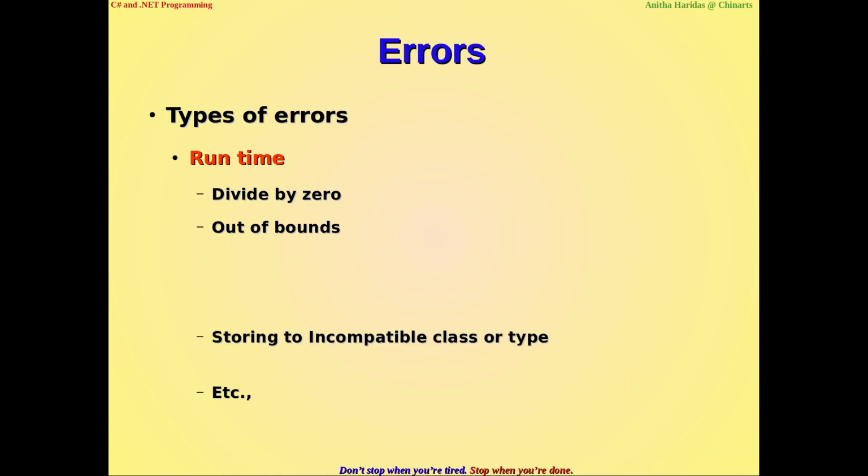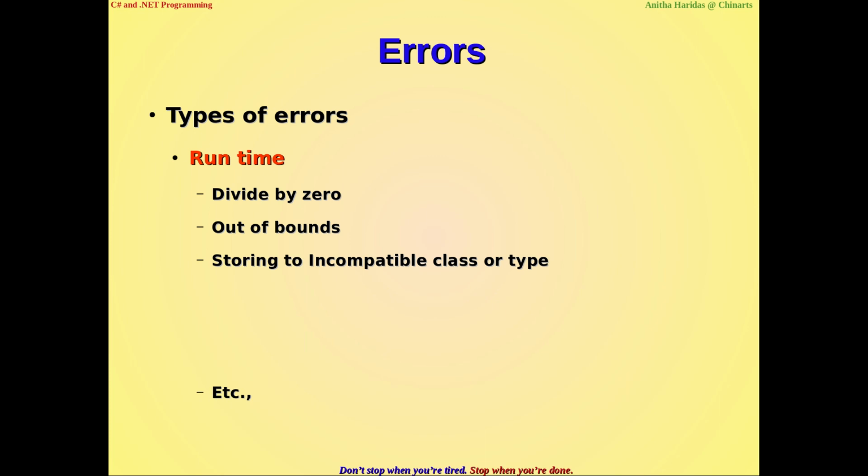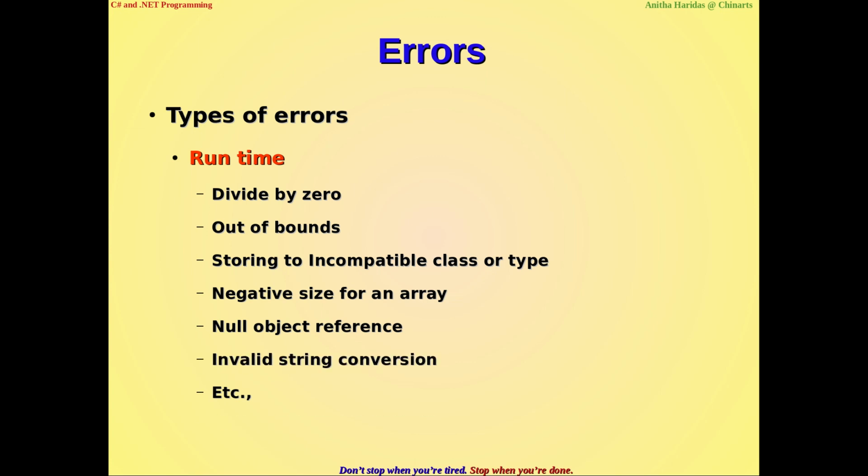Whereas you have another type of errors which you call runtime error. For example, divide by 0, a number you try to divide by 0, or when you refer to an array index that is out of bounds, or when you try to store to an incompatible class or type, or if the array size is negative, or if you try to refer using a null reference, or if you have any invalid string conversion.